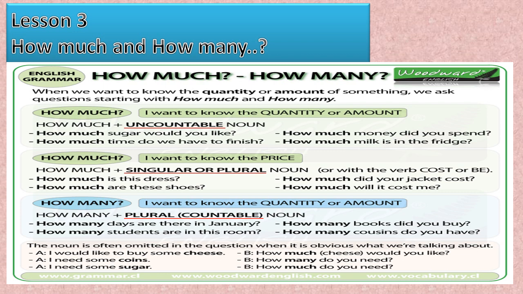So, how much, we use it with uncountable nouns. And we use it when we ask about a price of something, and it can be singular or plural. And it comes with the verb cost or be.